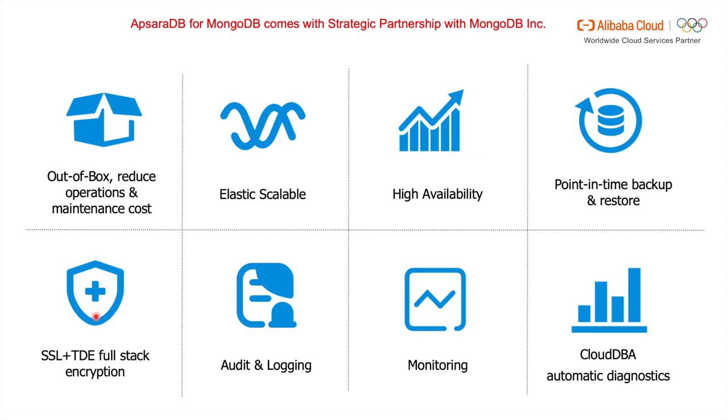But in Alibaba Cloud, we are the only vendor which provides the managed service. And what managed service includes here is that, out of the box, reduced operation and maintenance cost.